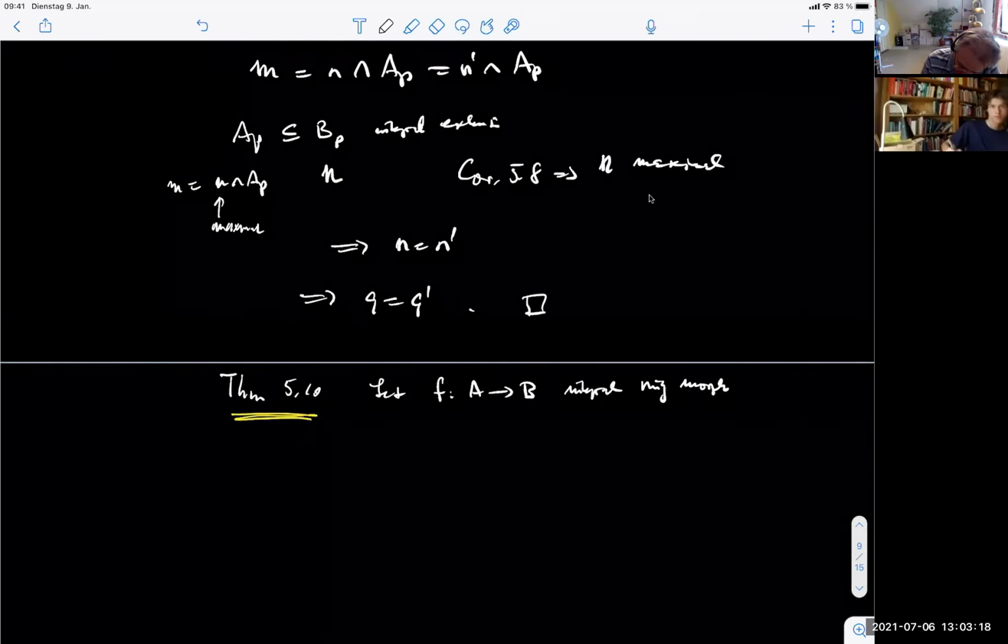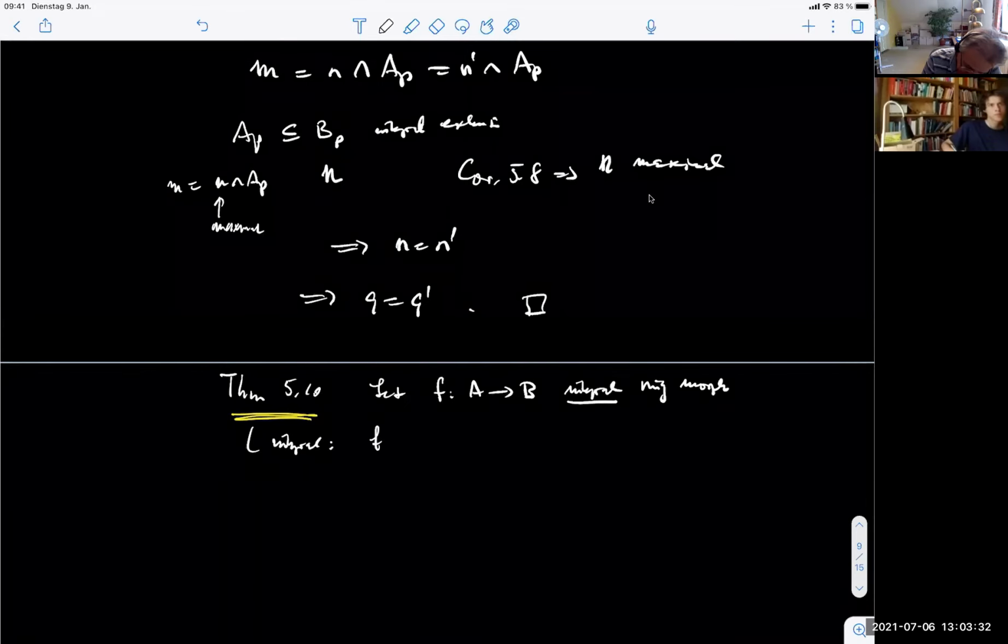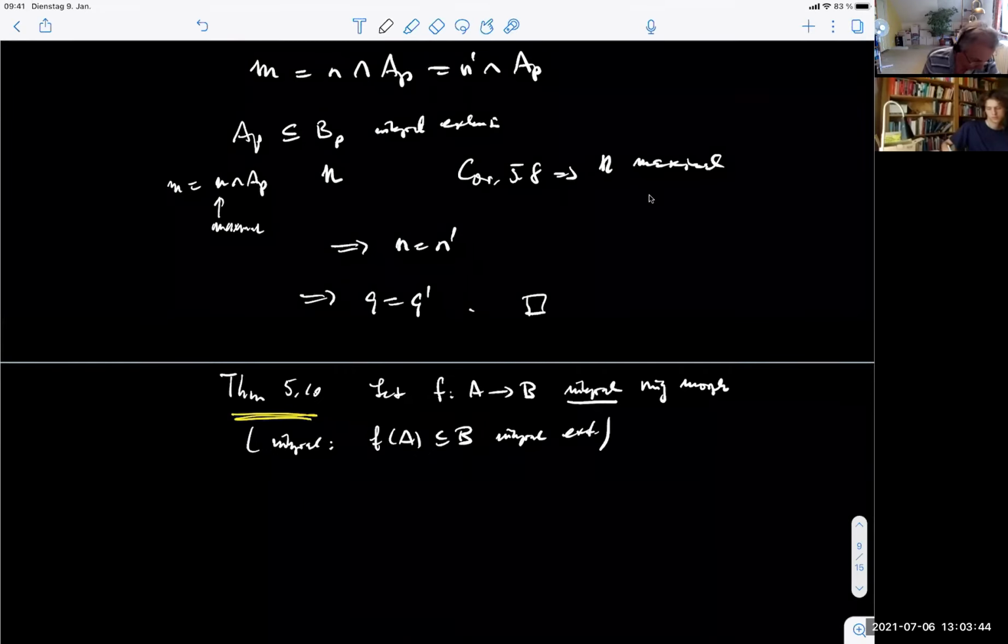Integral just means that the extension, the subring F(A) of B, is integral. This is an integral ring morphism.